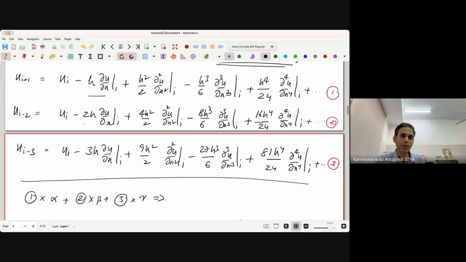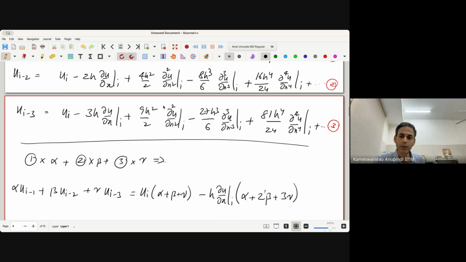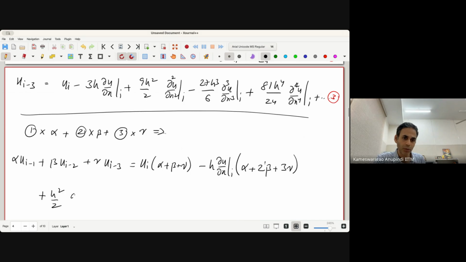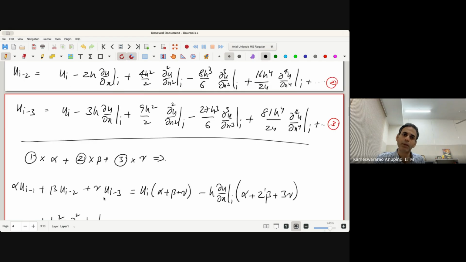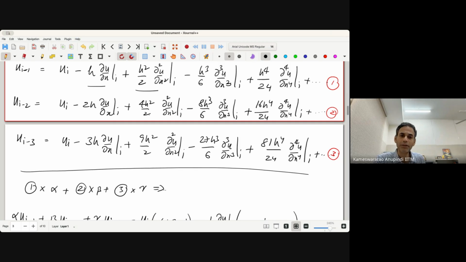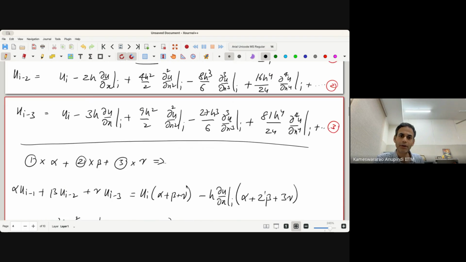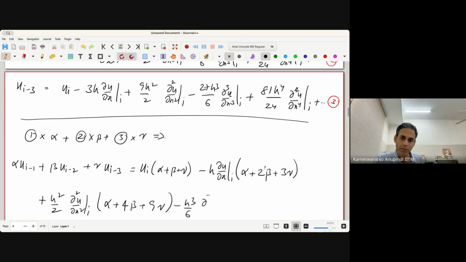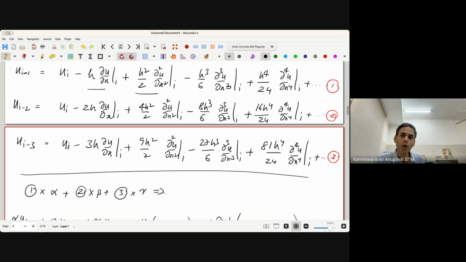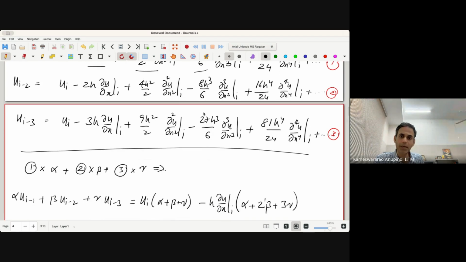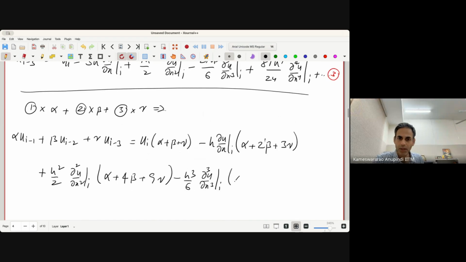Then plus h²/2 ∂²u/∂x² at i times (alpha plus 4 beta plus 9 gamma), because I have taken h²/2 common. Then minus h³/6 ∂³u/∂x³ at i times (alpha plus 8 beta plus 27 gamma).